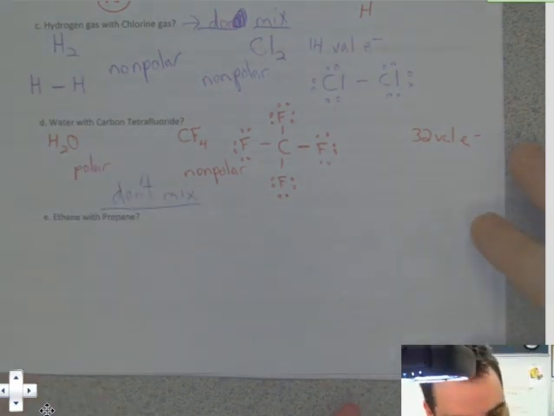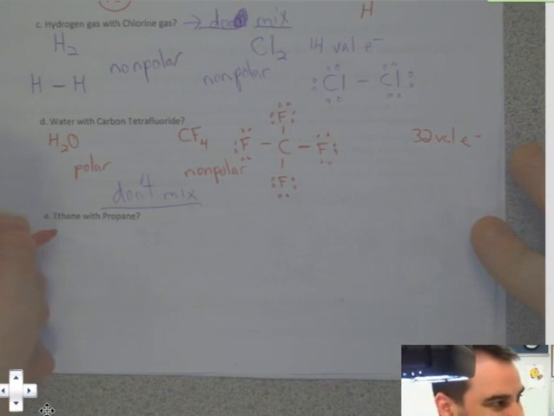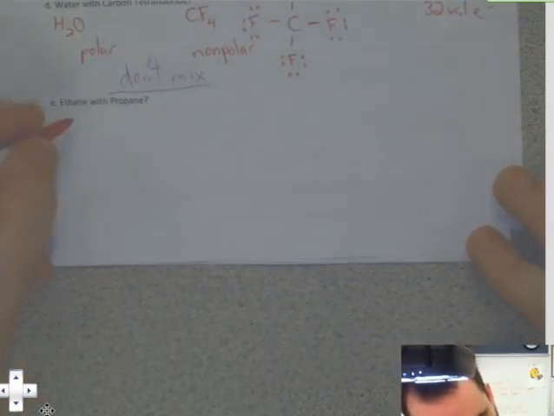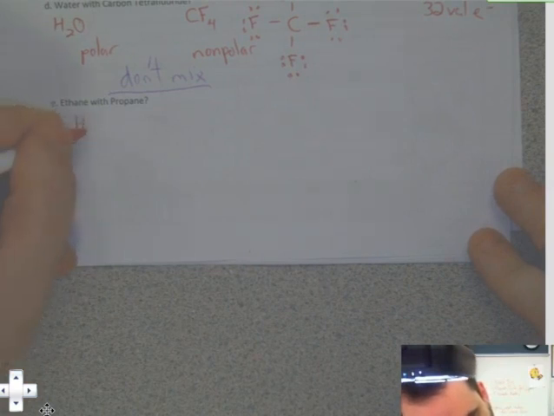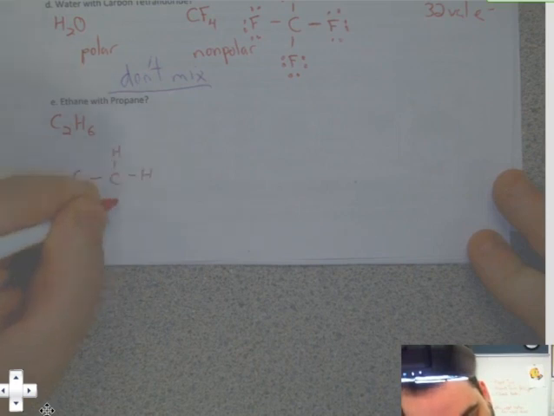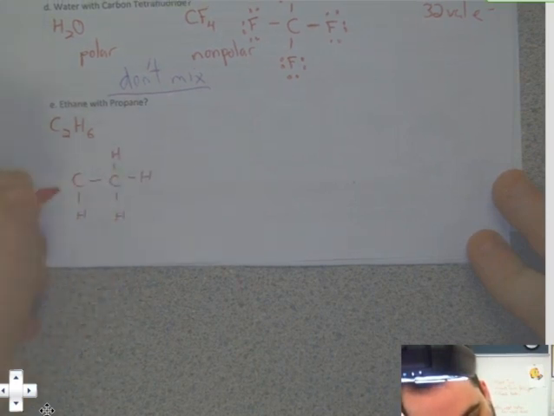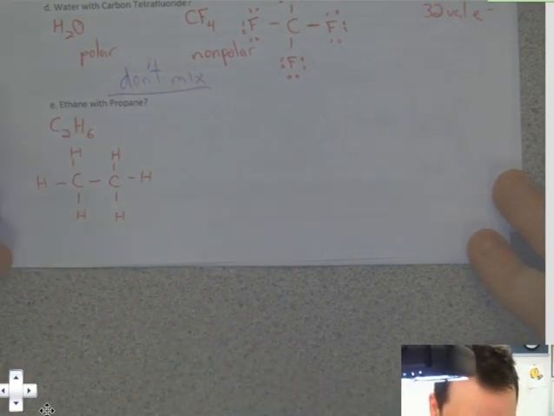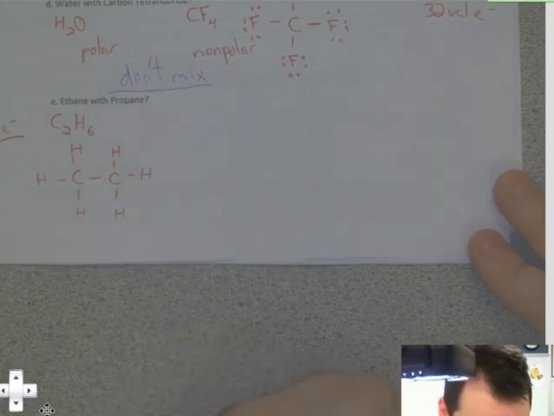And finally, ethane. C2H6, C bonded to C, H, H, H, H, H, H. That's 12 electrons. So we're good there.